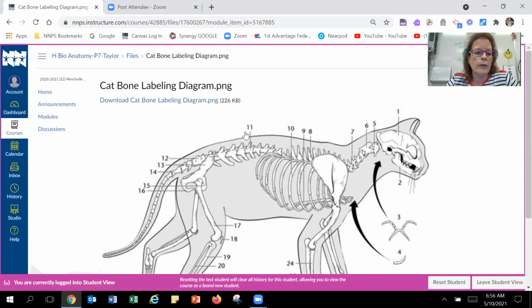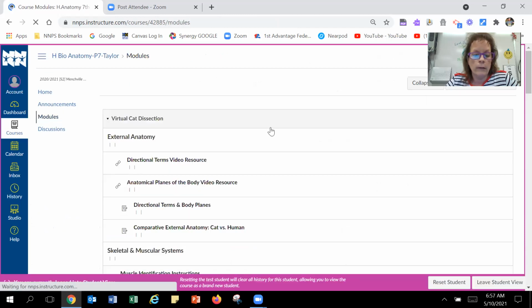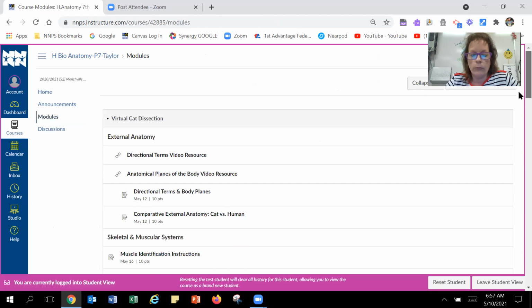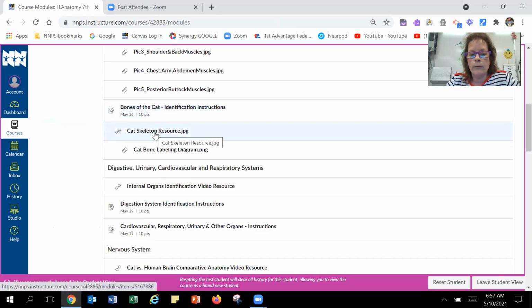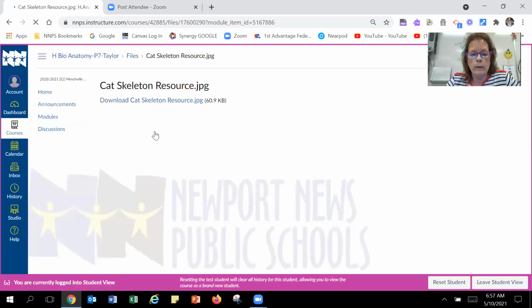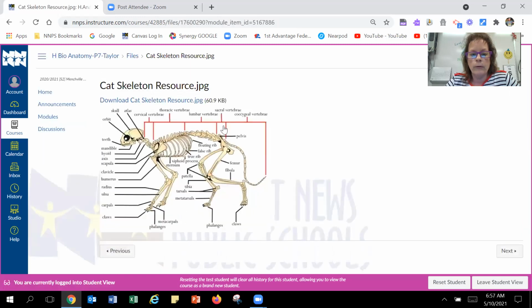And like I said, most of them, with the exception of maybe the tail bones, we don't have a tail, not that long anyway, should be the same as for us. But you have a cat skeleton resource right here. So you're going to use this picture here to help you label your diagram.